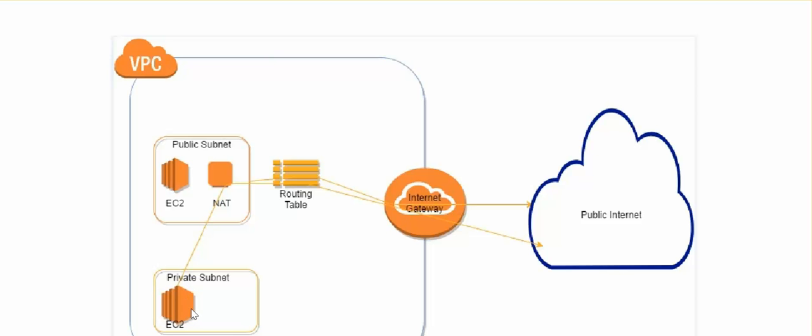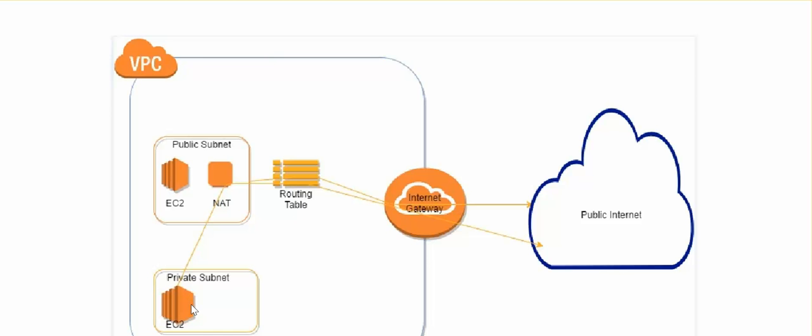So if we want to route the traffic from the EC2 instance to the public internet, we can make use of the NAT. If we install and configure the NAT instance, we can configure the subnet in such a way that all the instances within the subnet can connect to the NAT instance, go to the public internet, and download something back into the private instance.